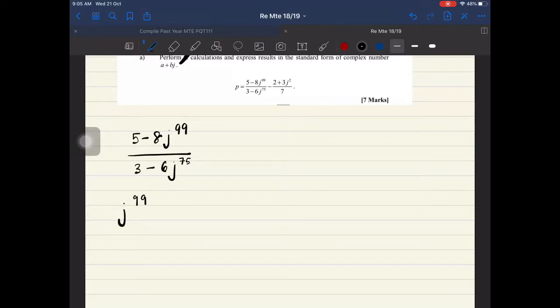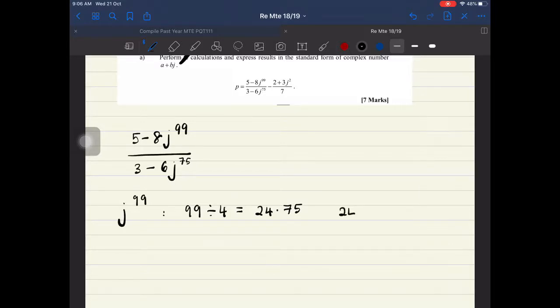So what you can do is 99 divided by 4 is equal to 24.75.